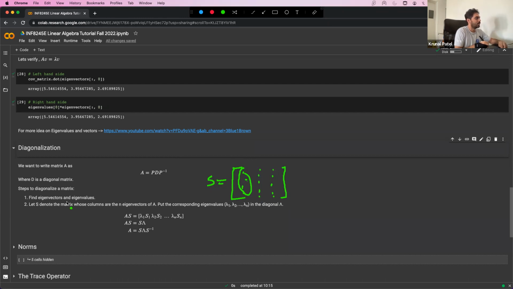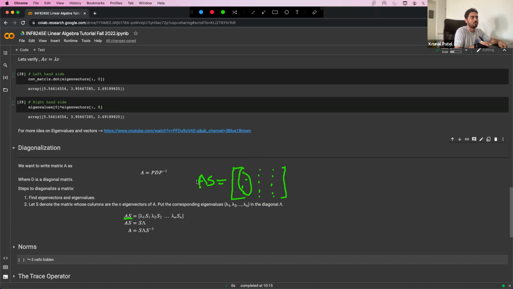So I have this matrix S, and what will happen if I do A times S? It's the same as multiplying A with each of these columns: A times the first column of S, A times the second column of S, A times the third column of S, and so on.